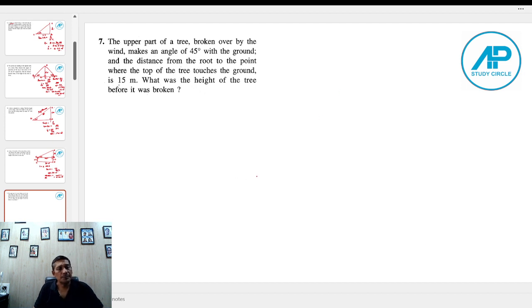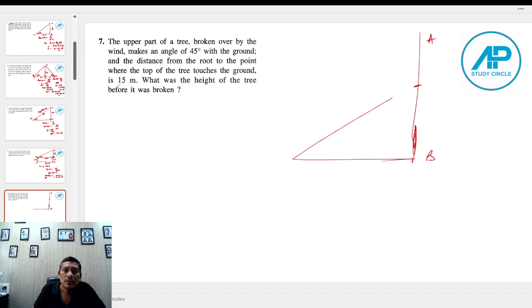Question number 7. A little different question, so you must read the question carefully. It's the complete tree and the tree is broken from here. So this portion is now actually here.